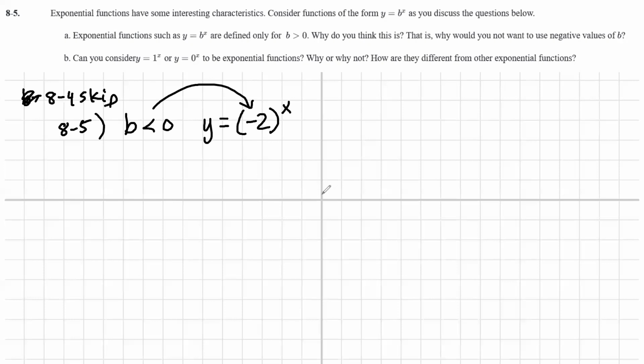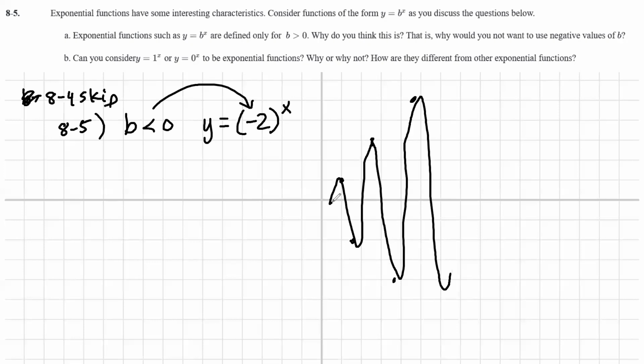Well, if you let your b be negative, you're going to get a positive value, a negative value, a positive value, a negative value, going back and forth, and it's going to go like this. And we don't really have graphs like that. Maybe this is called an oscillating graph.